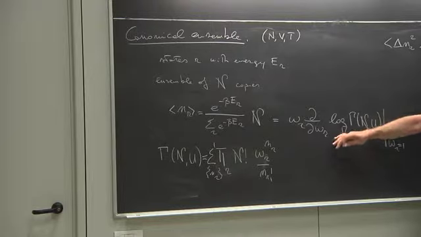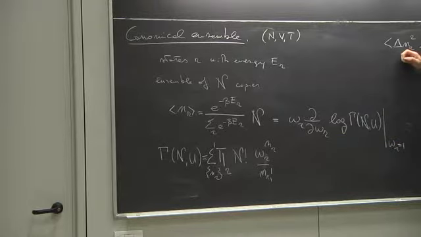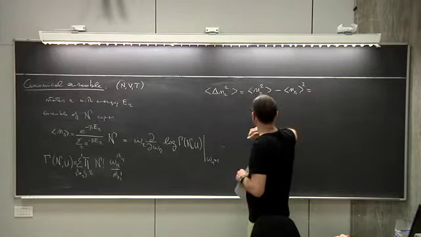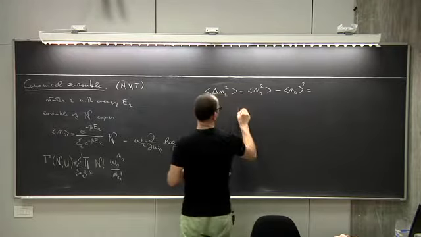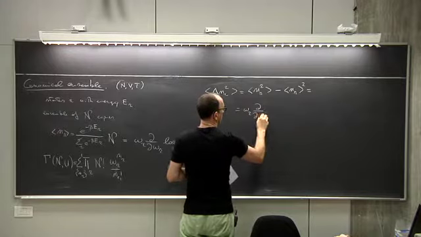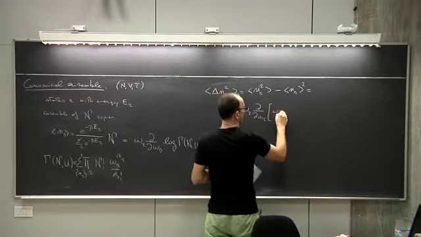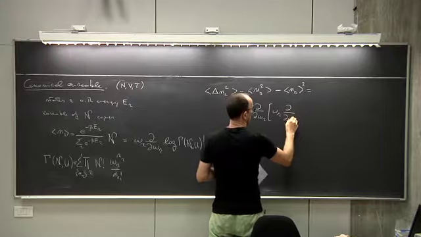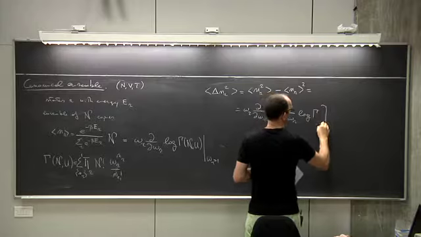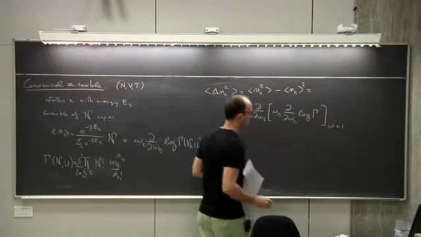If you want to compute this thing, which is the average of n_R squared minus the average of n_R, squared, then what you can do is to take two derivatives of the log of gamma, and then compute this when the gammas are equal to 1.